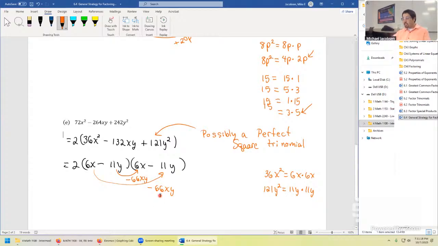Adding 66 to itself gives 132. So that actually works out. It hits the middle term. That tells us this whole thing, which looks nasty, reveals its true form once you factor out the greatest common factor. And now in this format, we can more easily write it as 2 times (6x minus 11y) to the power 2.